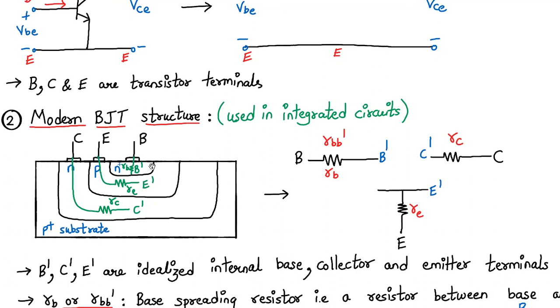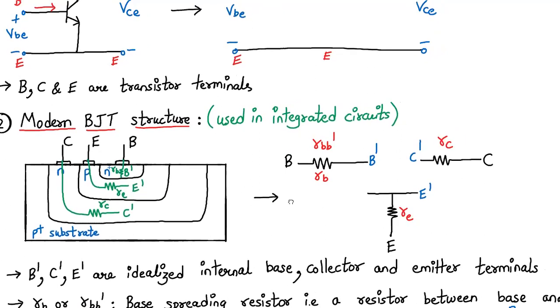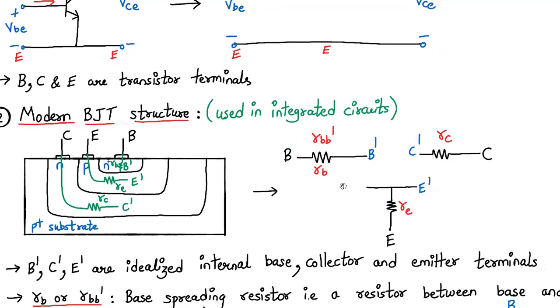Similarly, B and B dash are separated by the RB internal resistance. This we have to represent in the form of this model. Here we have external terminals B, base, emitter, and collector, and internal terminals B dash, C dash, and E dash. Between B and B dash we have RB resistance, between C dash and C we have RC, and between E dash and E we have RE.